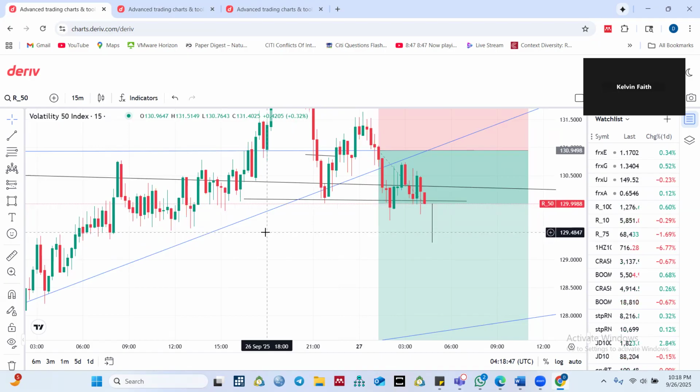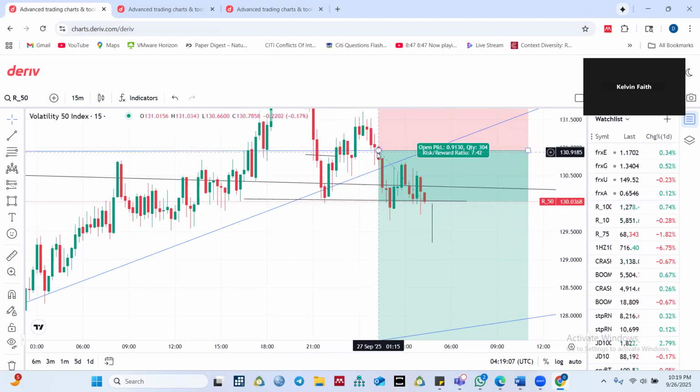As a matter of fact, I already took this trade. I entered this trade already before, from the entry around here. Yeah, I think around somewhere here.